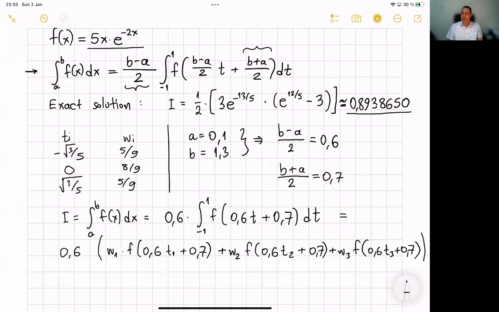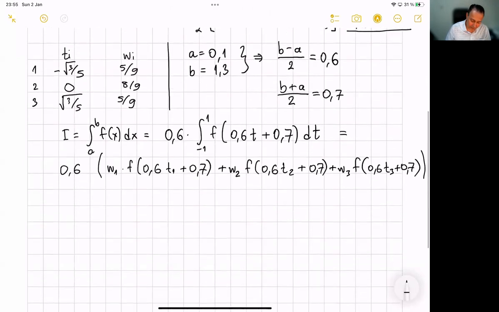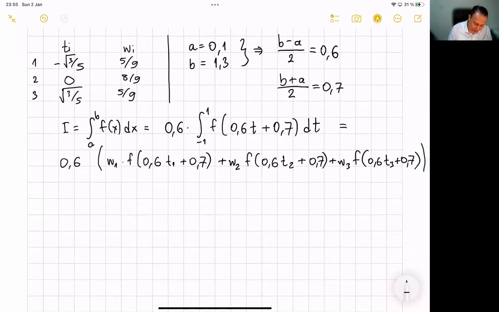So this is now my integral, and now I have everything. I have T1, T2, T3, and I also have W1, W2, and W3. So I can now easily do the calculations.